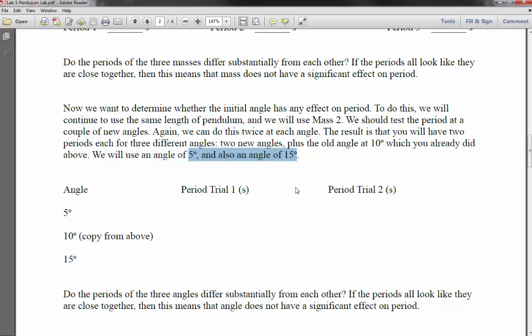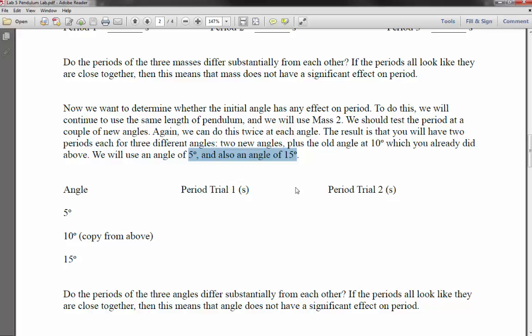You may not notice that it's getting smaller, but if you let it swing back and forth for a very long amount of time, you'll notice eventually that it's sort of getting smaller and smaller and eventually stops. That's why, for example, you have to wind up an old grandfather clock every so often.